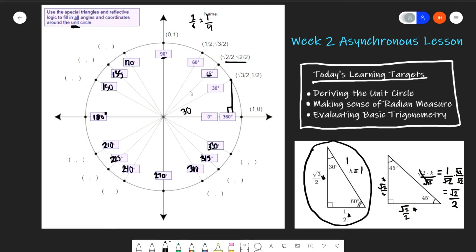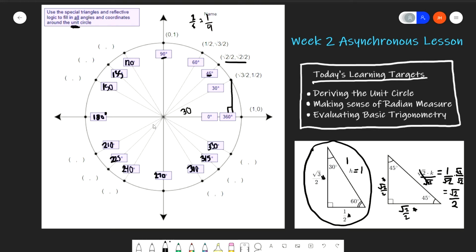Okay. So now all we've got to do is find the coordinates around the unit circle. I could do this pretty easily because if I know the first quadrant, y'all, then I know everything there is to know. The nice thing about the unit circle is that you don't actually have to memorize the entire thing, guys. In fact, I really don't want y'all to memorize it.